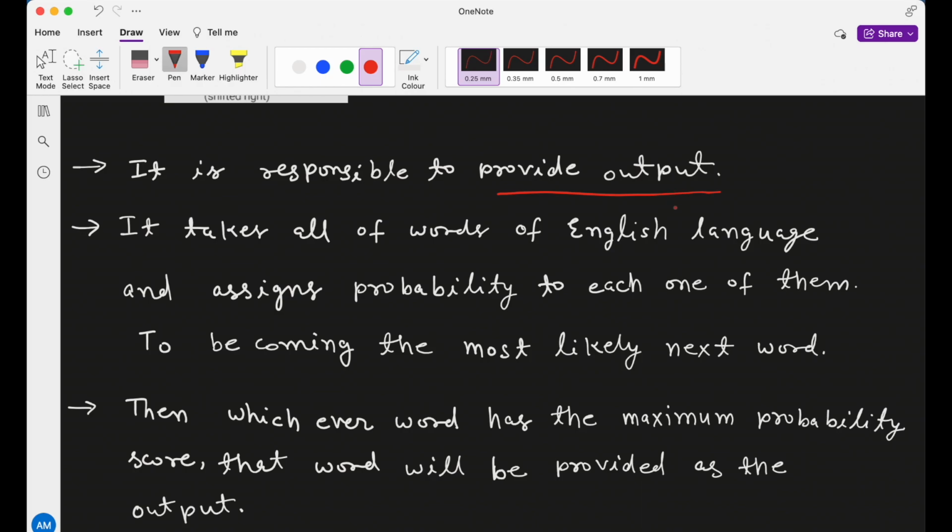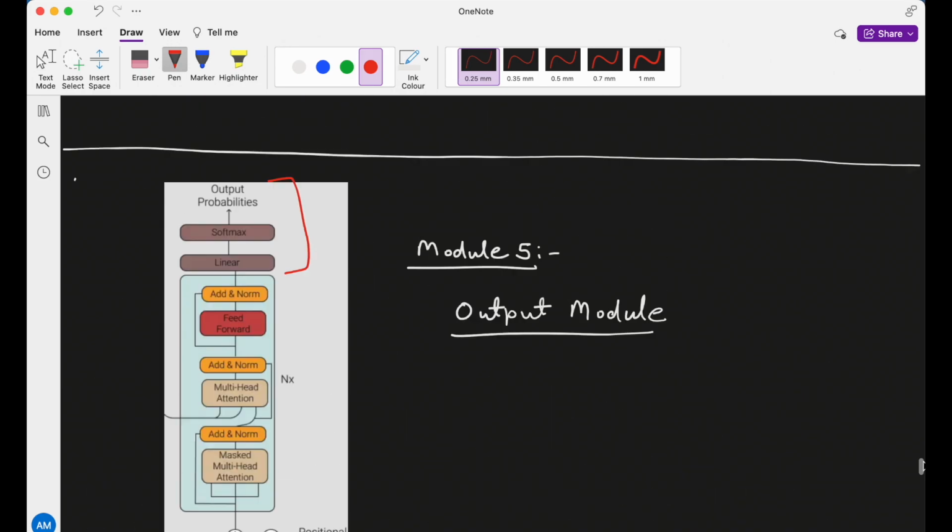For that, it takes all of the words which are present in the English language and assigns a probability score to each one of those words, so that it can be decided which will be the most likely next word on the basis of that probability score. Whichever word has the maximum probability score, that word it gives as the output. That is the responsibility of this output module. So these were the modules.